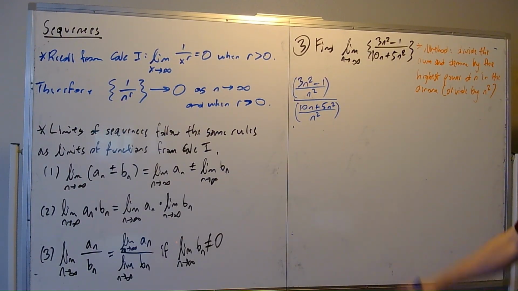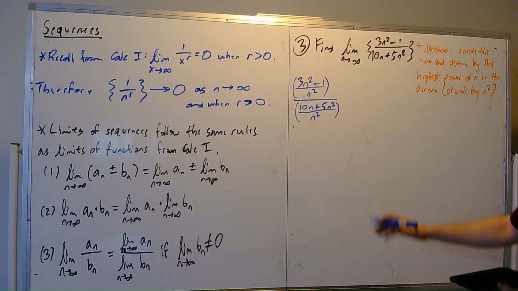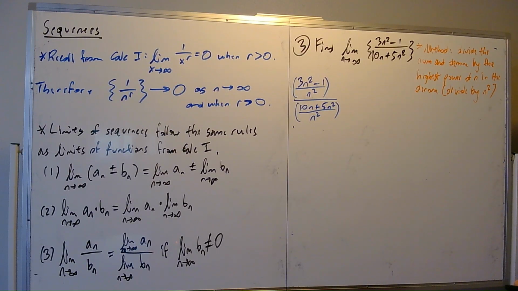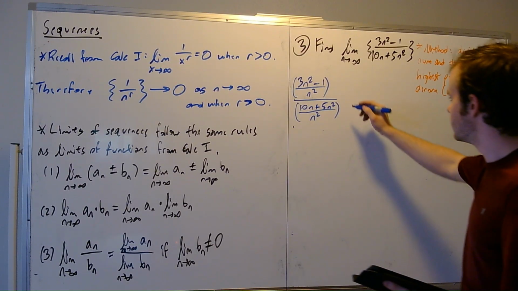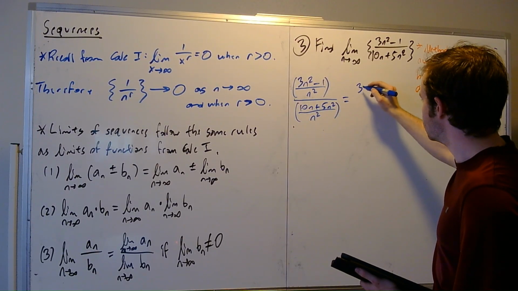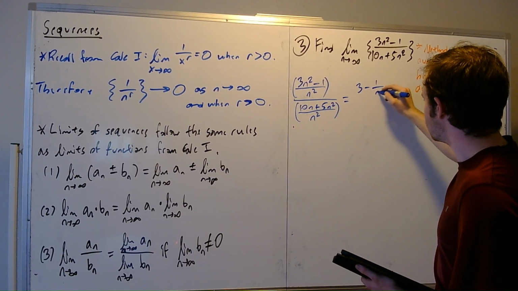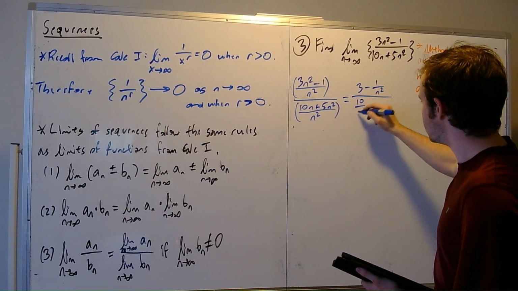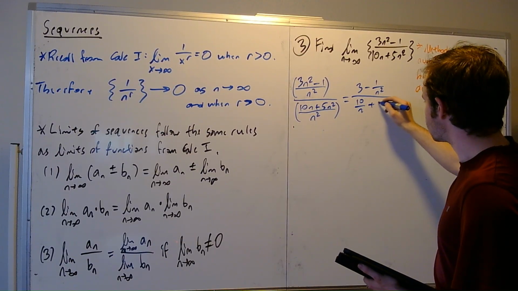I write the parentheses to help us keep track that these two are smaller fractions inside of the bigger fraction. Now if we do our division, 3n squared divided by n squared is 3, minus 1 over n squared, over 10 over n plus 5.